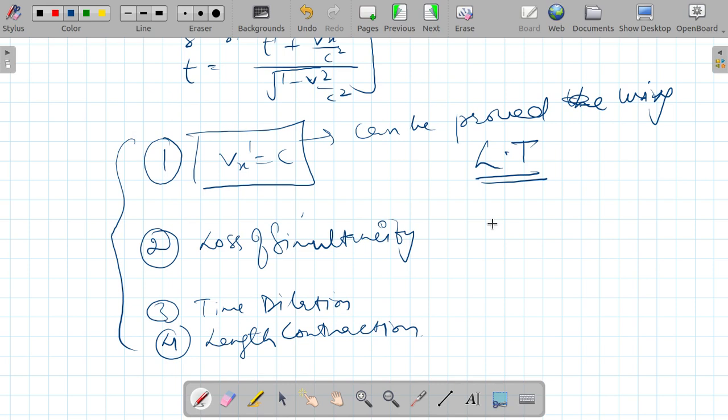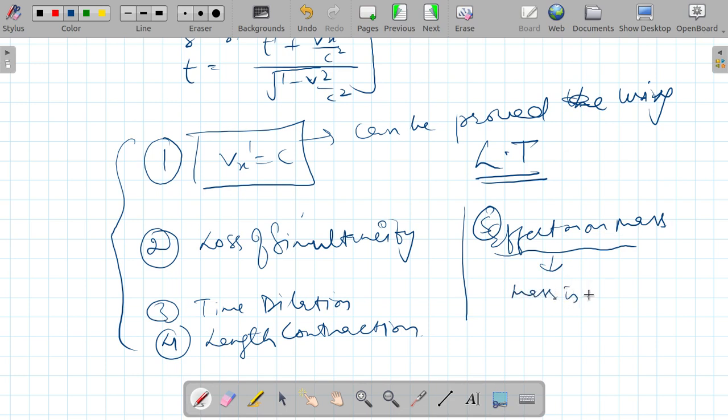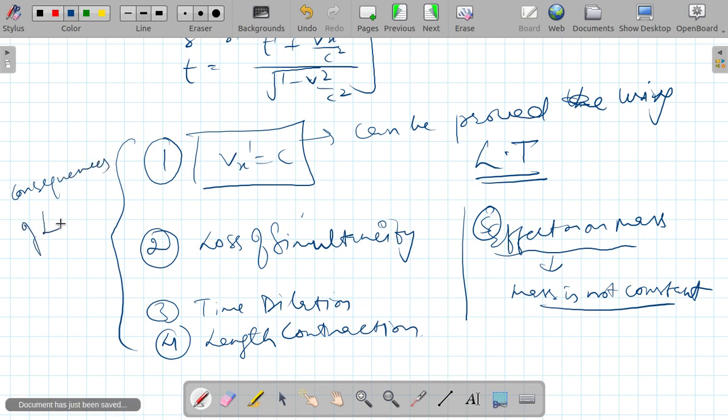And another consequence on the effect on mass. That mass is not constant. These are some consequences of this what we call Lorentz transformations.